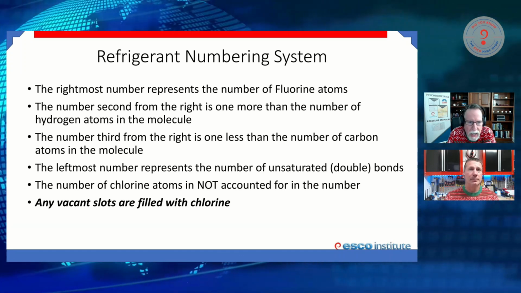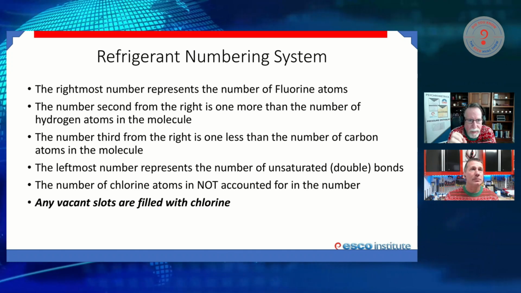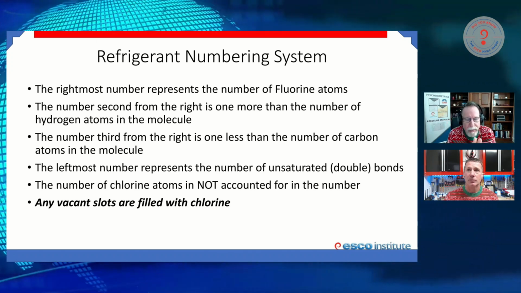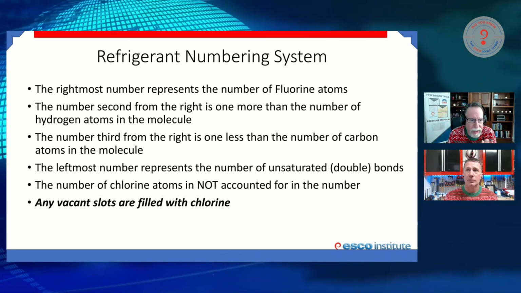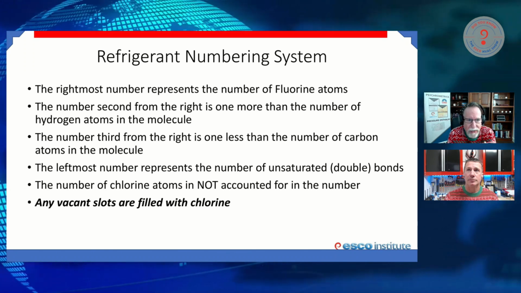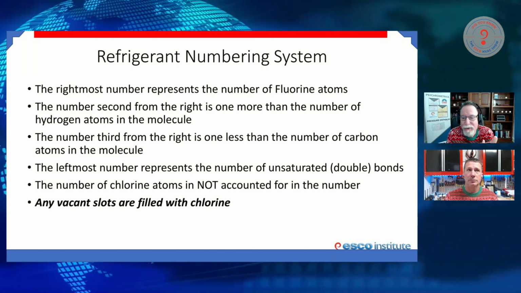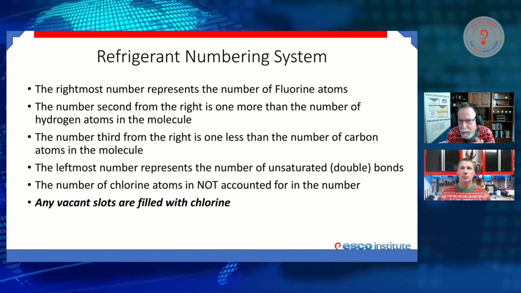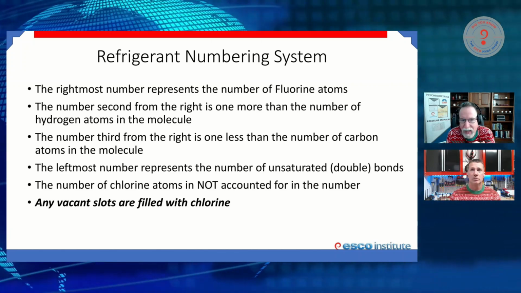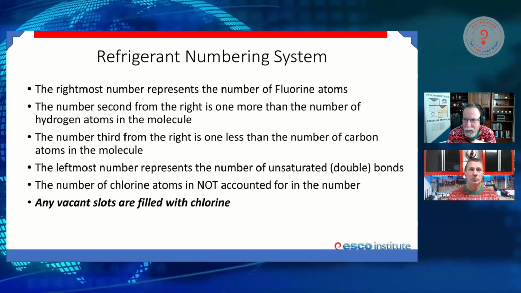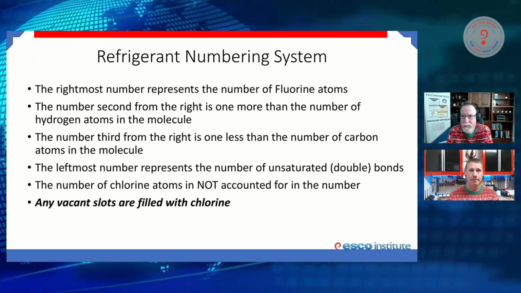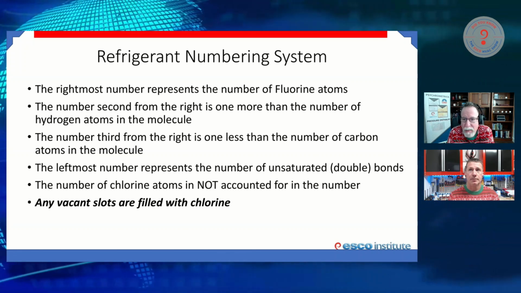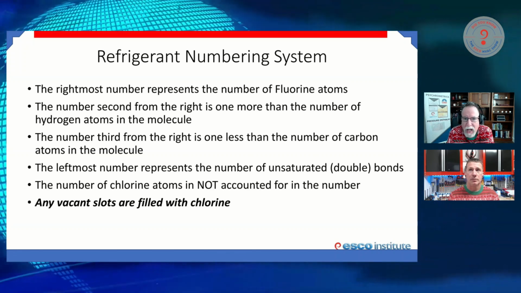Okay, so forgetting about the 400 series and 500 series refrigerants, we're looking at this DuPont numbering system, or the refrigerant numbering system, and the furthest number to the right tells us how many fluorine atoms are in a molecule of that refrigerant.